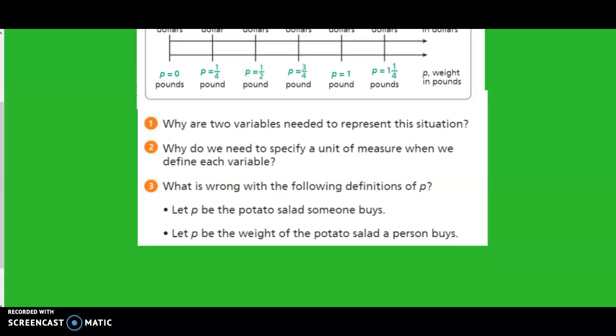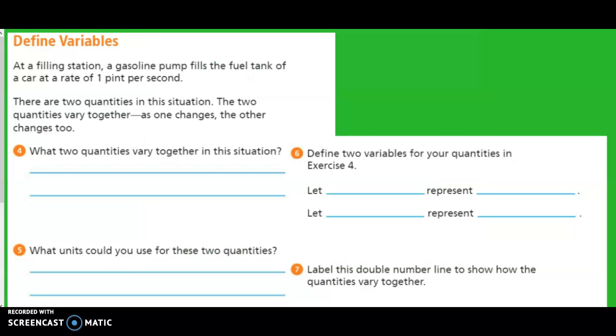What is wrong with let P be the potato salad someone buys? And bullet point 2, let P be the weight of the potato salad a person buys. These next few questions regard defining variables and some important rules to follow when you pick your variable and define what the variable stands for in your equations.